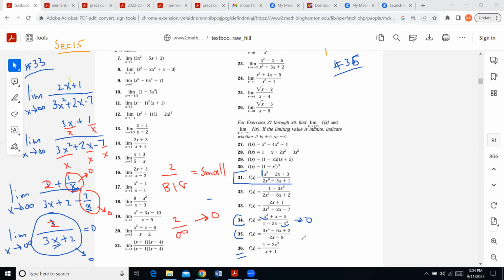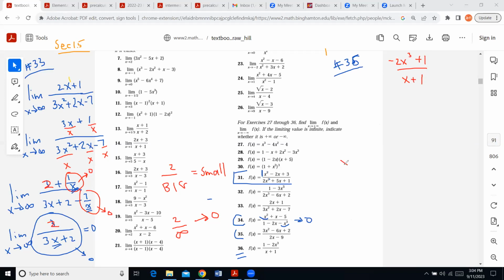So now we found the problem 36. And it turns out for exercise 36, I could treat this as minus 2x cubed plus 1, which is divided by x plus 1. So now what can I do to find a limit?